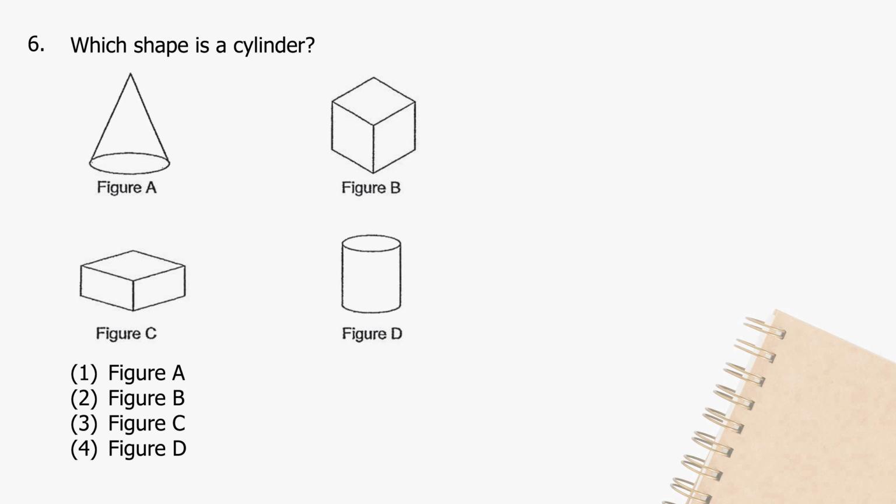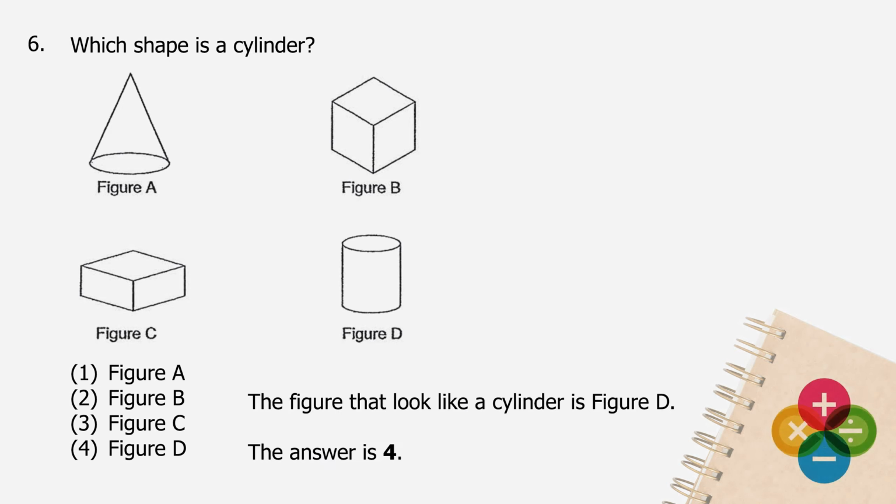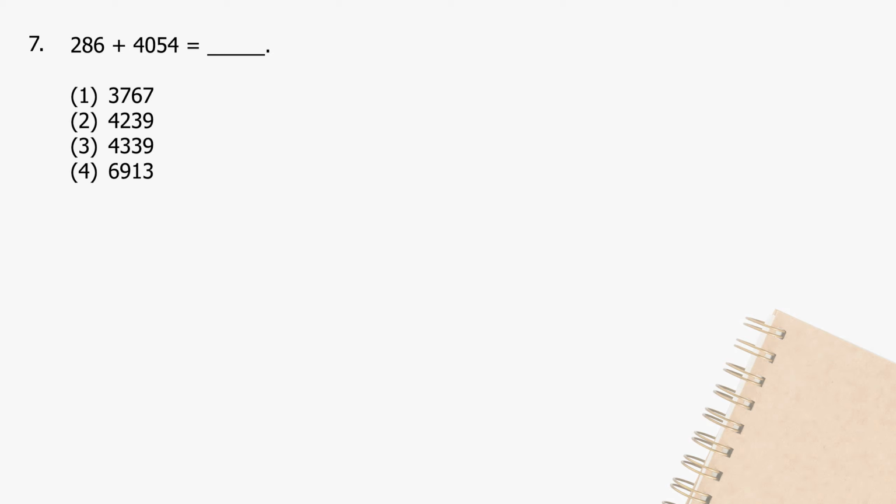Question 6. Which shape is a cylinder? The figure that looks like a cylinder is figure D. The answer is 4. Question 7.